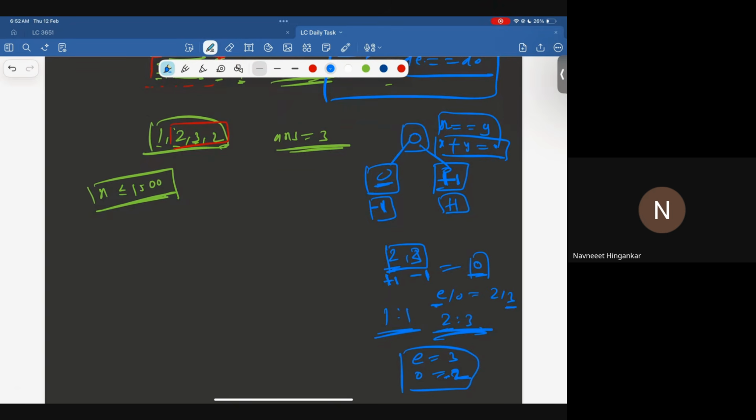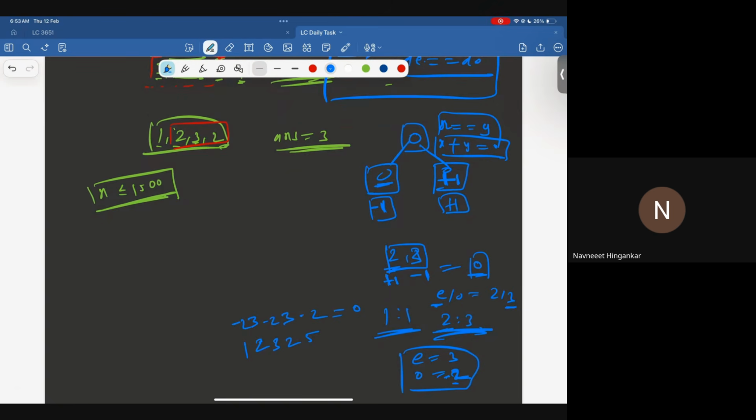Now let's say this is my array: 2, 3, 2, 5 and 1. The moment I replaced even with 3 and odd with -2, you can see my sum is coming to 0, right?